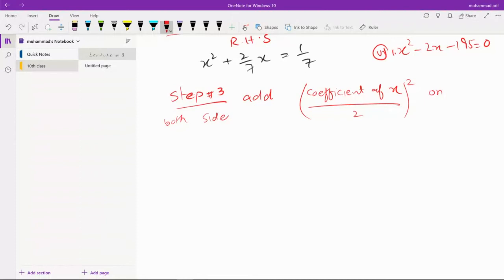And we have 2 by 14. We add 2 by 14 whole square on both sides. x square plus 2 by 7 x plus 2 by 14 whole square on both sides.